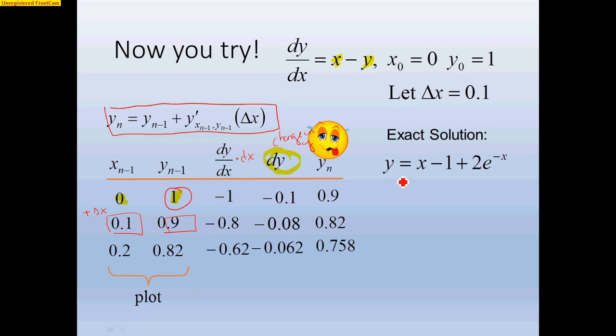Now, it is a little confusing when you look at this. You're like, wait a second. Are you telling me that if I take the derivative of this function explicitly in terms of x, that I'm going to get x minus y?